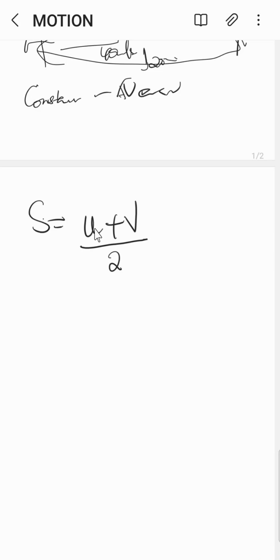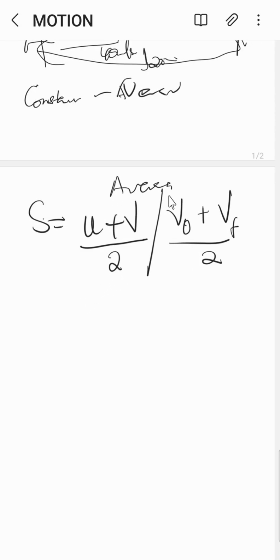This can also be written as v initial plus v final over 2. This is a typical formula for finding an average, so this is one equation we are going to get.